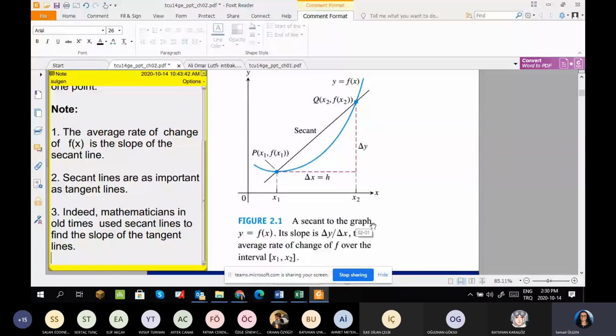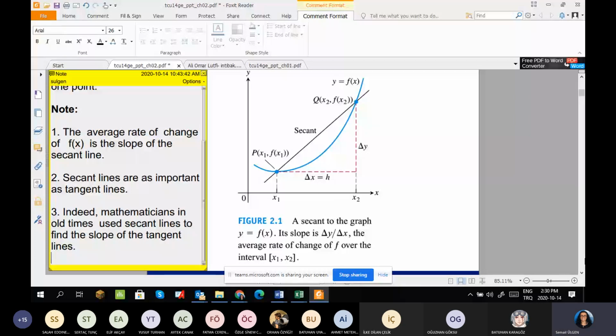So a secant to the graph y equals f of x, you see here the black line, its slope is delta y over delta x, and it is the average rate of change of f over the interval x1, x2. So remember, the average rate of change of f over an interval is the same as the slope of the secant line. You should keep this in mind.